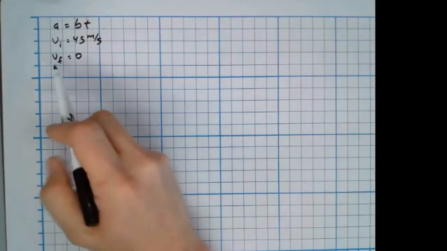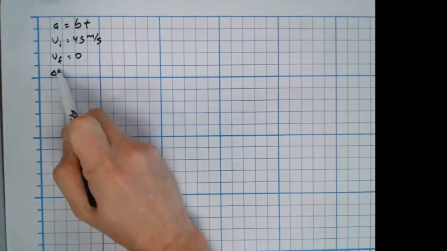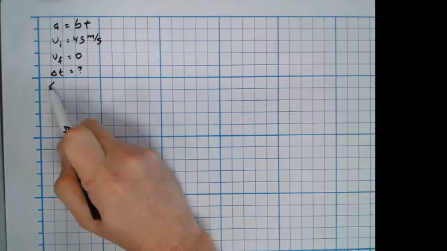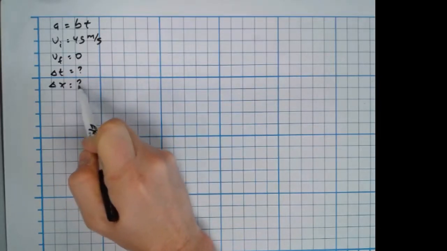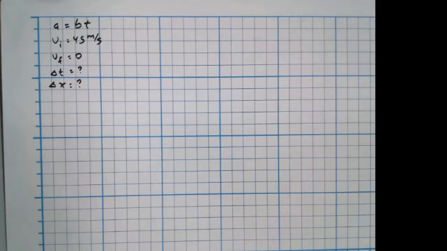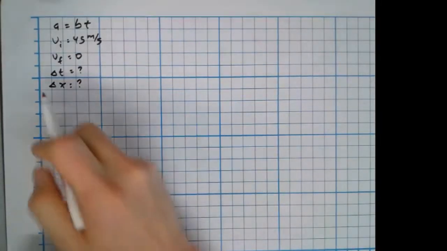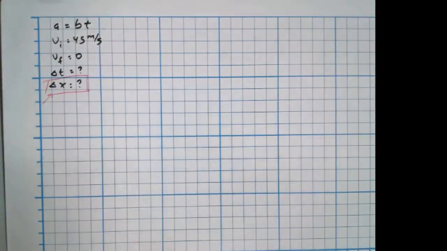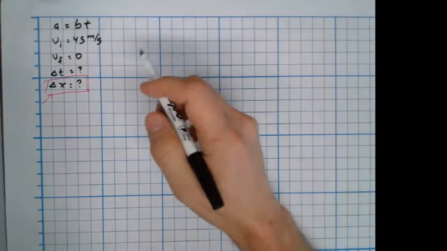We don't know how much time it takes. We don't know how far it's going to travel. In fact, how far it's going to travel is exactly the thing we're trying to answer. We're trying to figure out delta x. But we also don't know how much time it takes for it to stop.